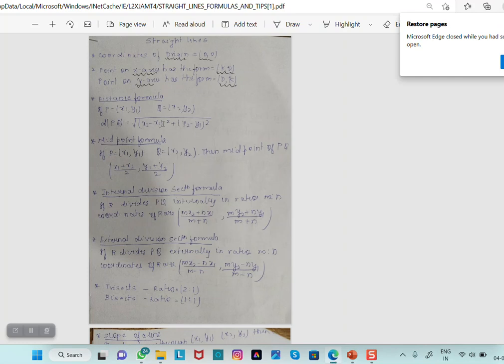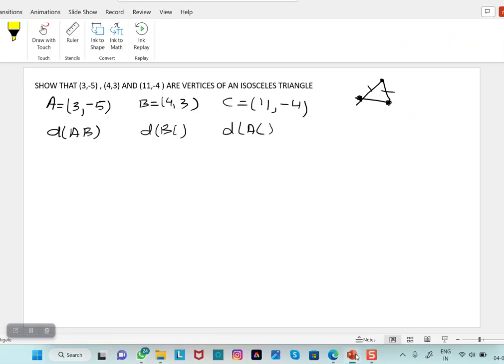Now, the distance formula is given by root of (x2 minus x1) the whole square plus (y2 minus y1) the whole square. It is there in the formula page. The root is for both.